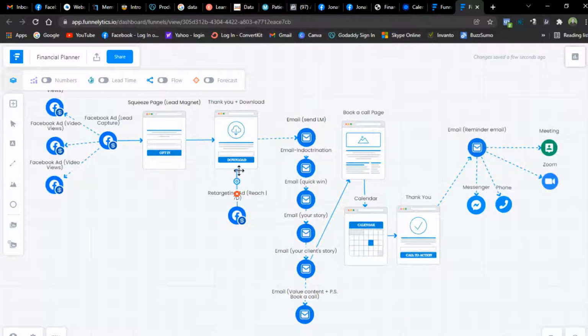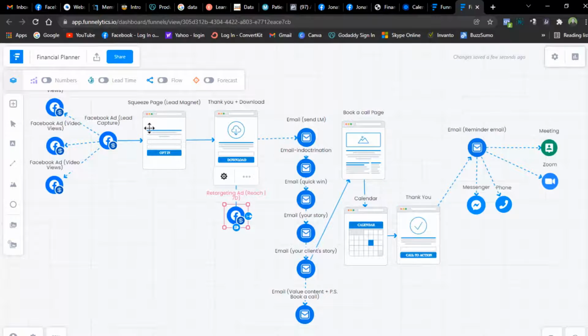Okay, number two reason why we're going to do this is because not everyone who saw your ad is ready to book a call with you. They like the idea of booking a call with you, but they're not ready right away. So when they scroll past your ad, there's no way to get back to you. They won't remember you.